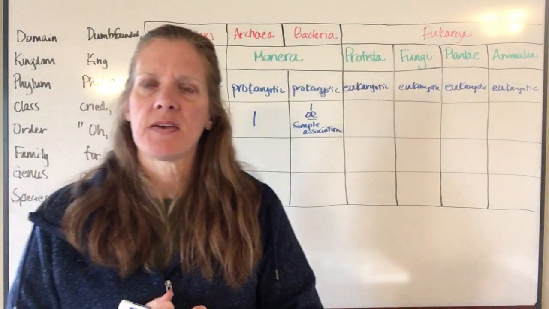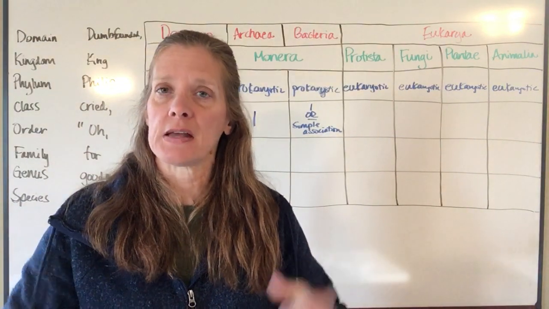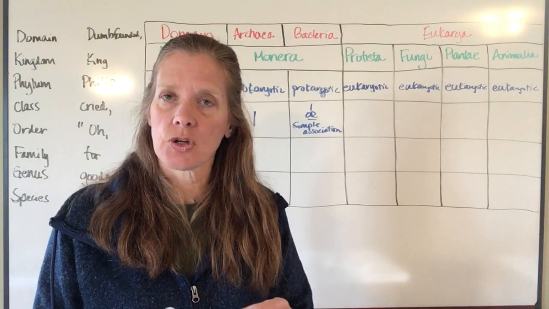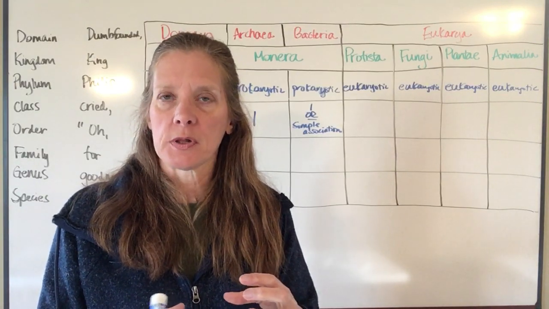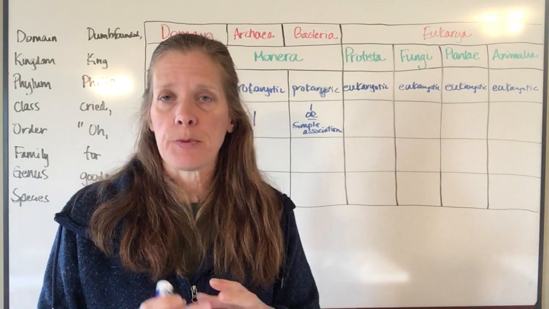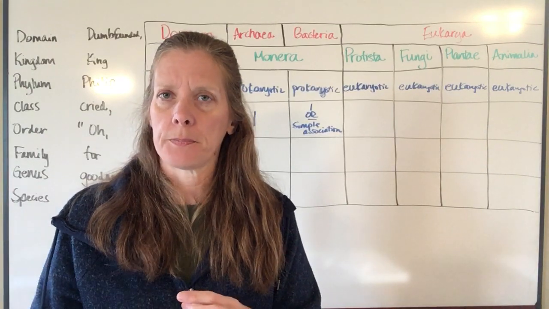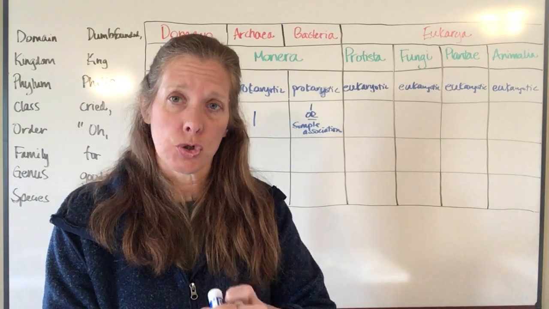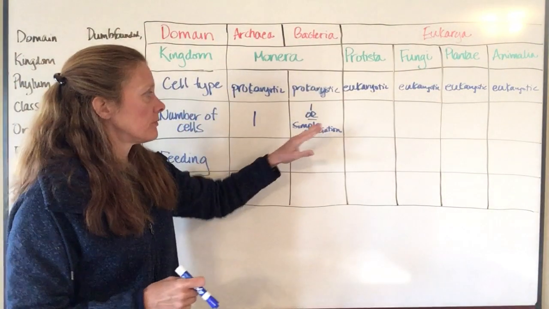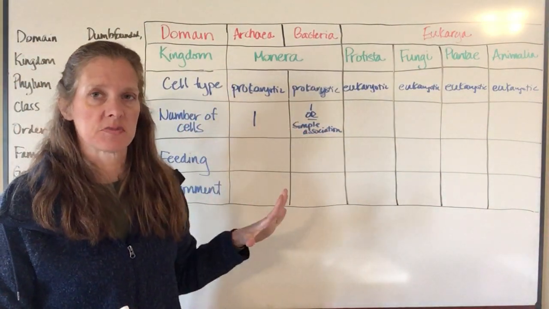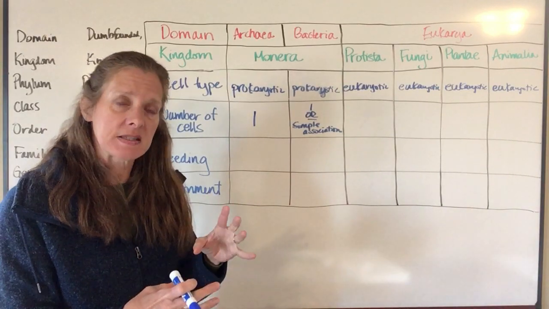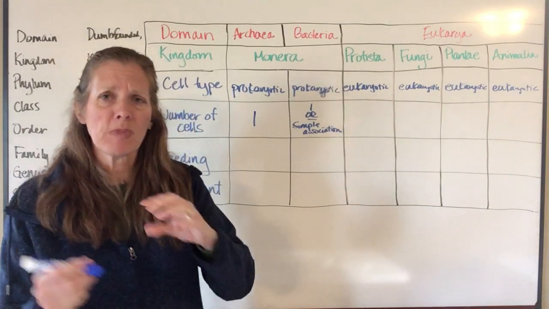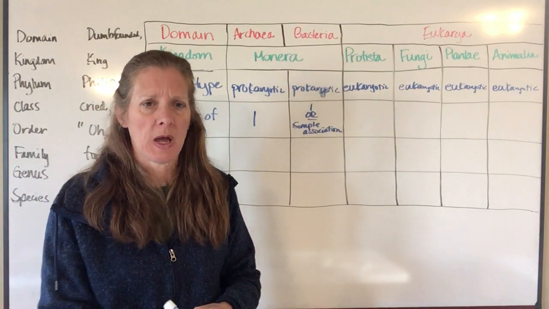Well, that just means that the cells have found that living together provides them benefits. So it may provide an ability to get food better. It may provide protection from predators. And so they tend to live together as a group, but they are still very much still 1-cell organisms. They don't specialize in any way. Each cell still performs all the different functions of life, but they are just living together as a group.